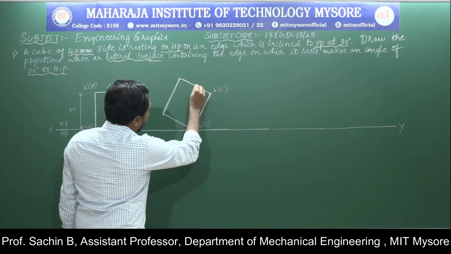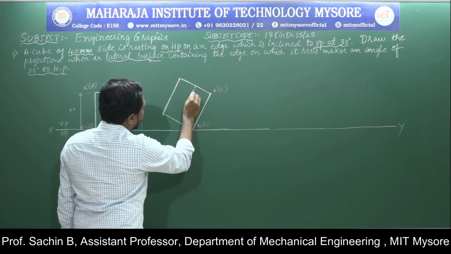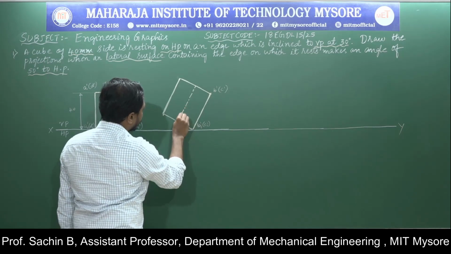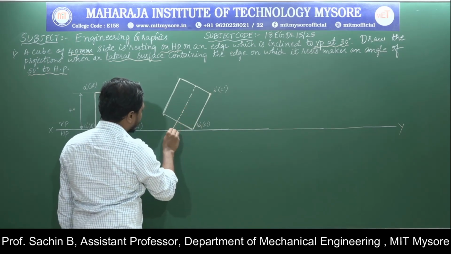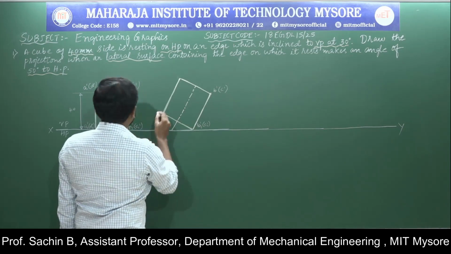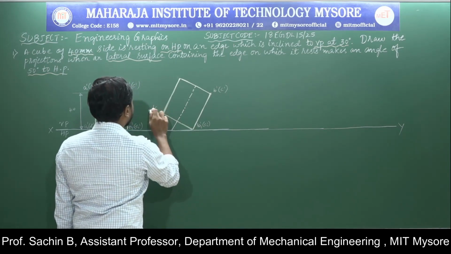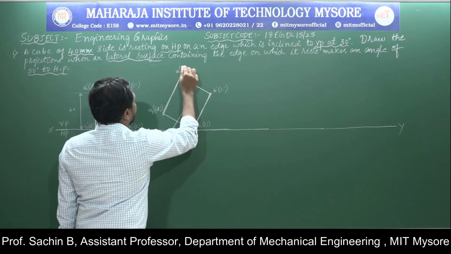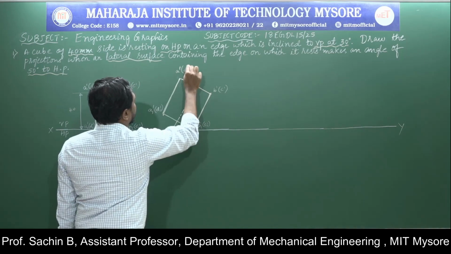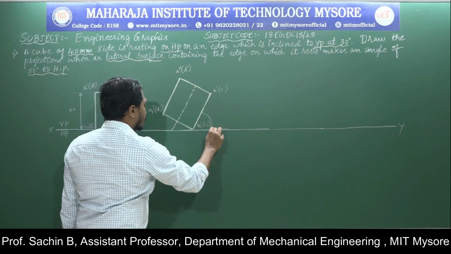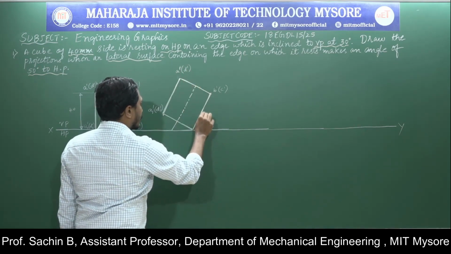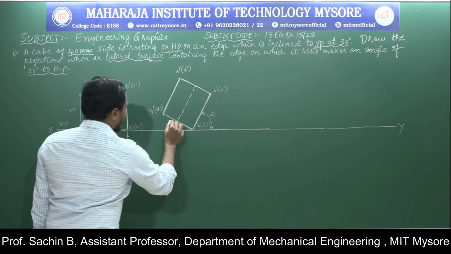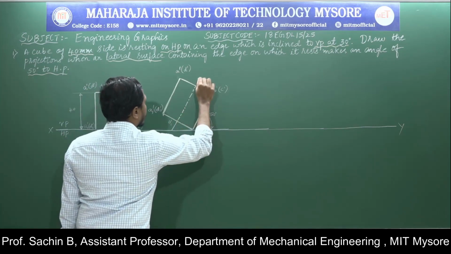I will mark here and draw this axis with the chain line. Now this is A1 dash to D1 dash. This is A dash to D dash. Now this edge is inclined at an angle of 50 degree. Now this is O1 dash, this is O dash.